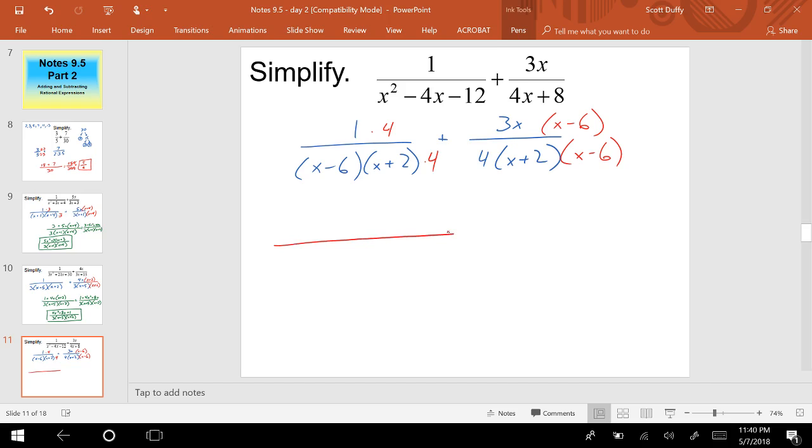Start simplifying. 4 times 1 is 4, plus 3x times x minus 6. With the bottoms both having 4 times x plus 2 times x minus 6.